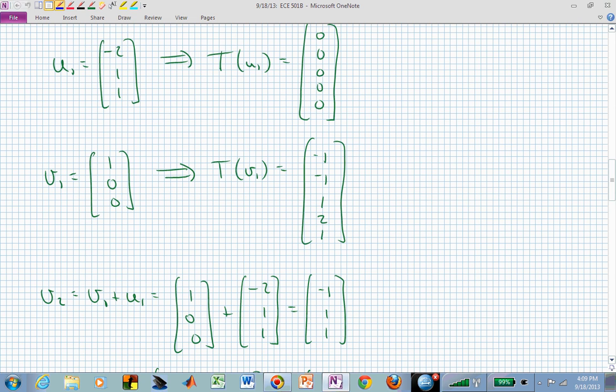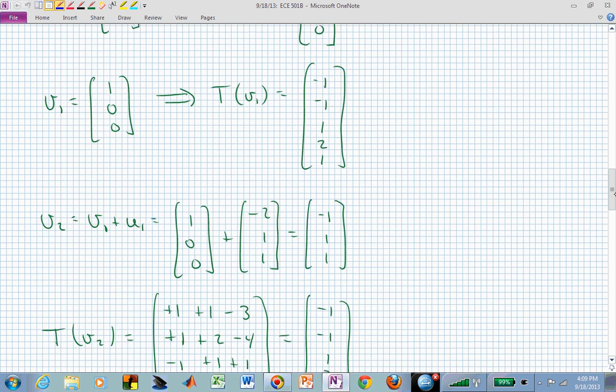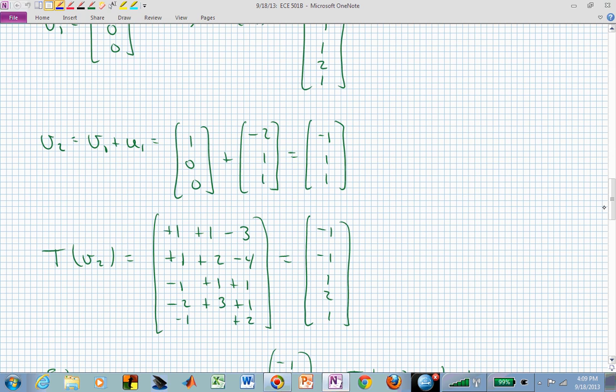But now, what's going to happen when we operate on v2 with the linear map T? We will get T of v1 plus T of u1, and we already know what those are. Or we could just do it directly with T of v sub 2.